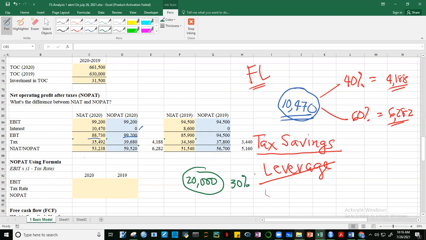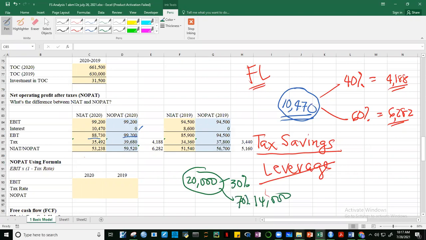Ilan yung tax savings ni NIAT? Ang tax savings will be just multiplying 20,000 times 30%. So the tax savings will be 6,000. Okay? Ibig sabihin, mas malaki yung magiging tax ni NOPAT kaysa kay NIAT by 6,000. Ilan ngayon yung magiging lamang ni NOPAT kaysa kay NIAT sa bottom line? Okay, it will not be the whole 20,000 na interest. It will only be equal to 14,000, which is the 70%.